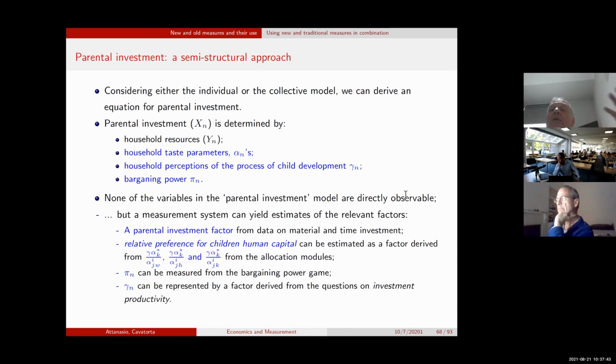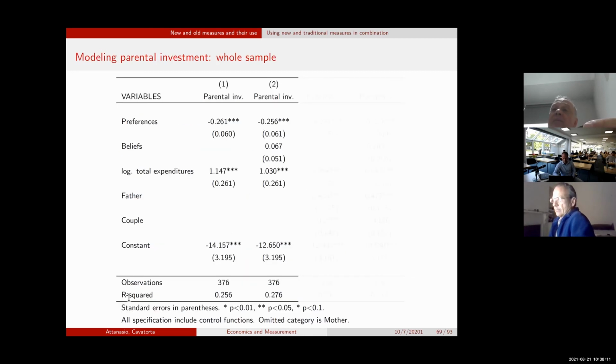On the left-hand side, we have the factor which is parental investment. On the right-hand side, we have a factor that reflects parental tastes for children's human capital, a factor that reflects bargaining power, and a factor that reflects productivity, or beliefs about the investment productivity.